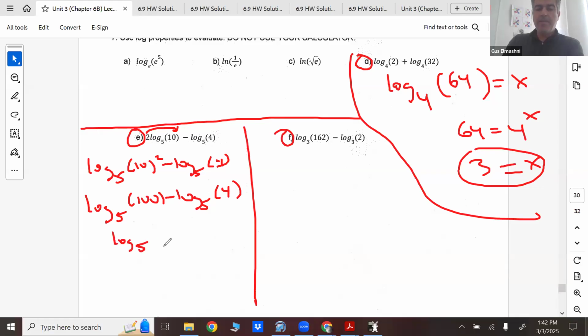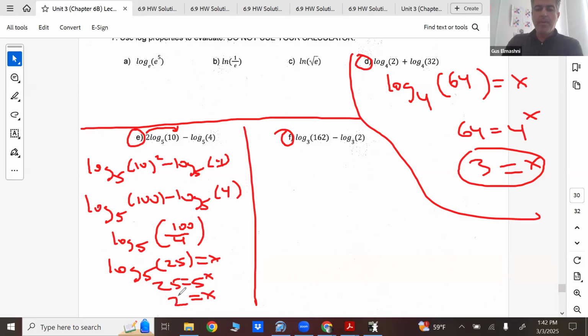Let's divide it. Let's try to divide by 4. 25. So 25 equals 5 to the x power. What would x equal? 2. Perfect. Good.